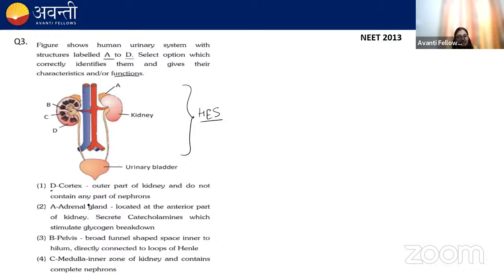Option 2 says A is the adrenal gland located at the anterior part of the kidney and excretes catecholamines which stimulate glycogen breakdown. B is pelvis, a broad funnel-shaped space inner to the hilum directly connected to the loops of Henle. C is the medulla, the inner zone of the kidney, and contains a complete nephron. What will be the correct option for this question?